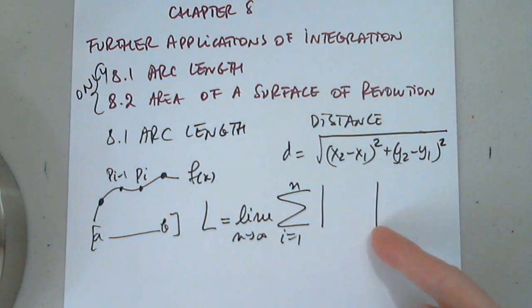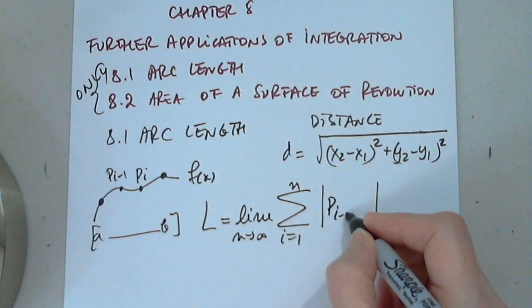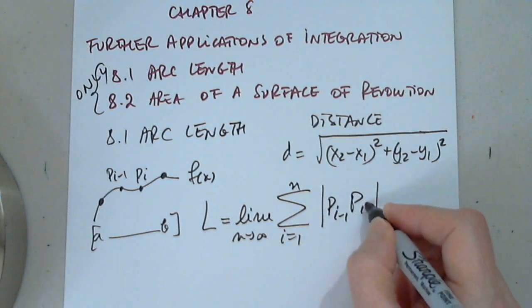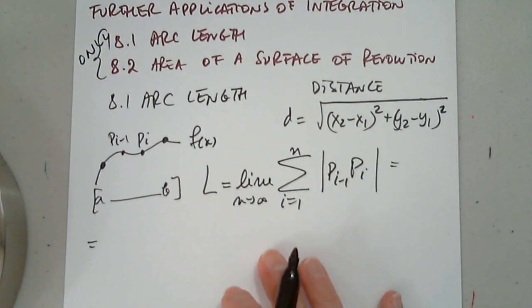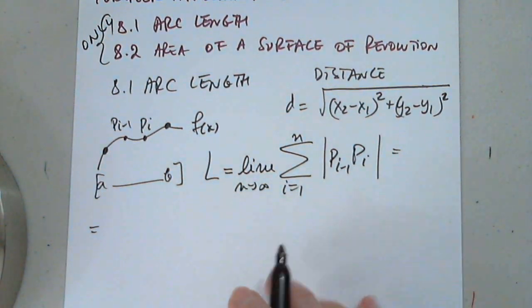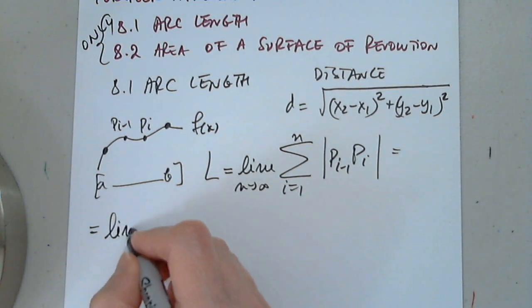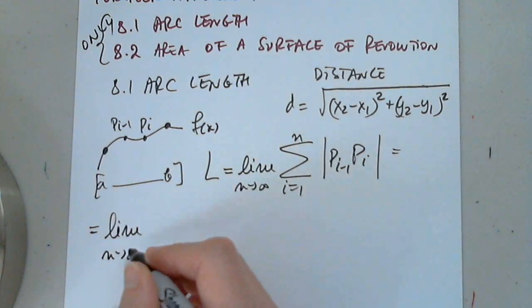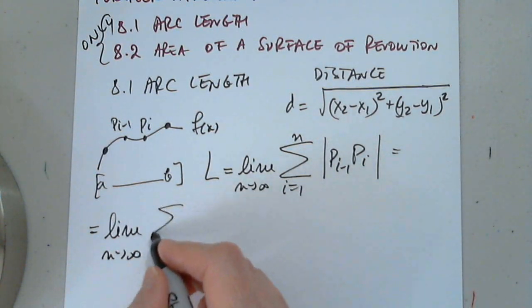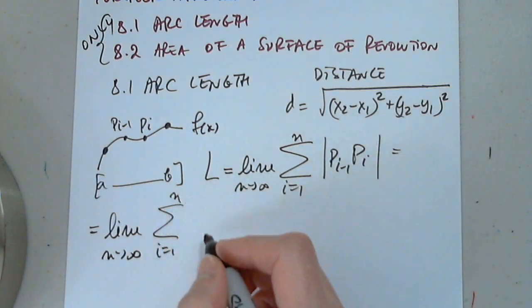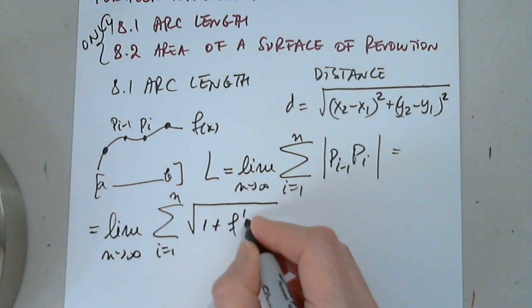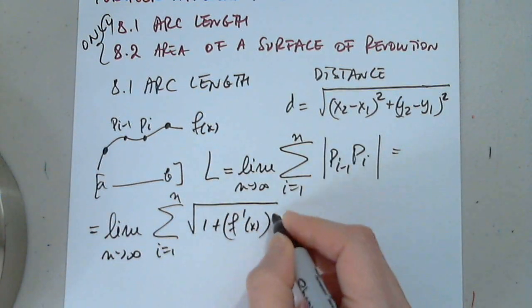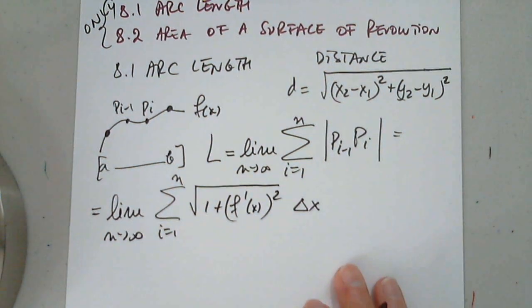So this is the distance from P i minus 1 to P i. And with the limit of the Riemann sum and using the distance formula, we end up getting the limit as n approaches infinity of the sum from i equals 1 through n of the square root of 1 plus f prime of x squared, of course, delta x.